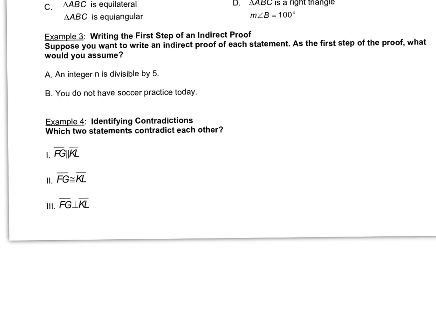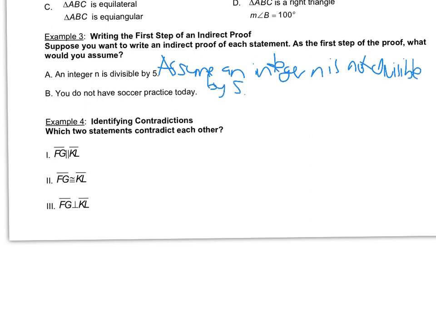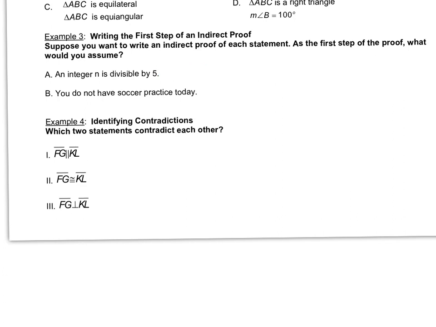The negation would be, assume an integer n is not divisible by 5. And B states, you do not have soccer practice today. The negation would be, assume you do have soccer practice today.